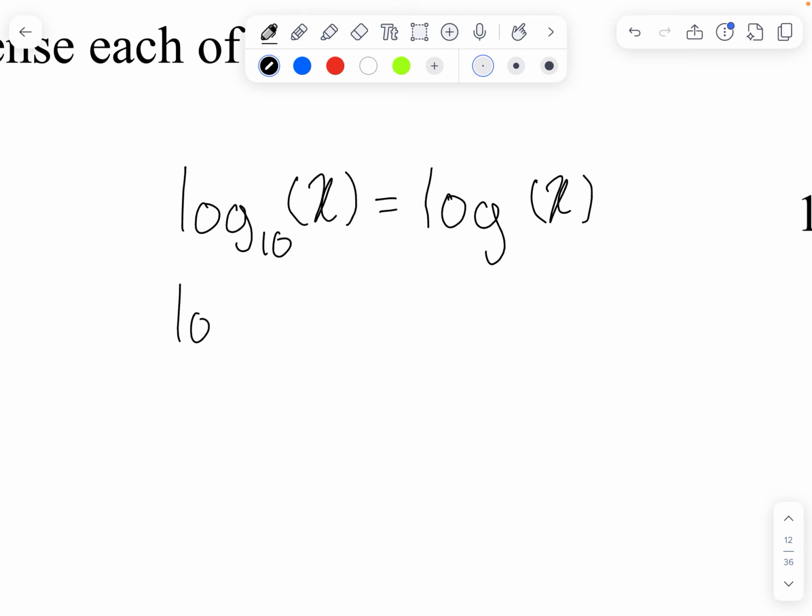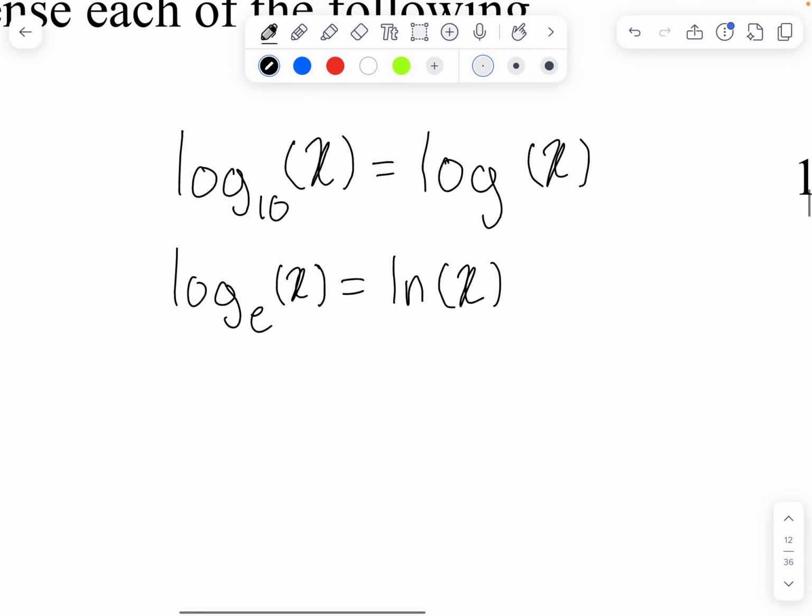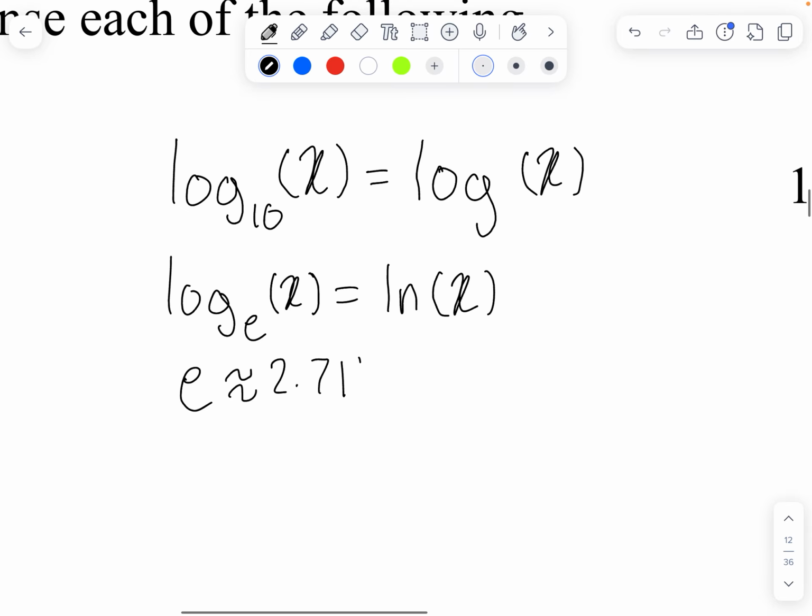Now we need to understand what a natural logarithm is. A natural log is log base e of x, which can be written as ln of x. E stands for Euler's number, and e is approximately 2.718.